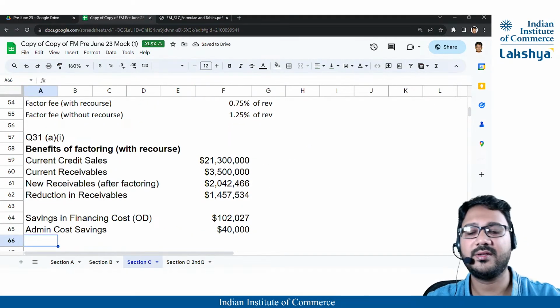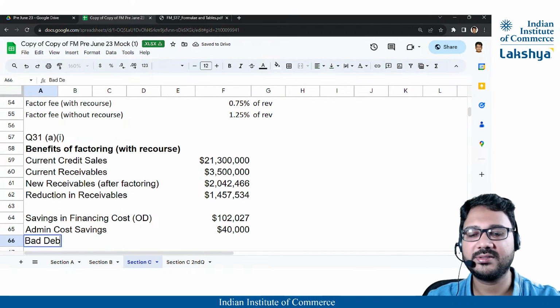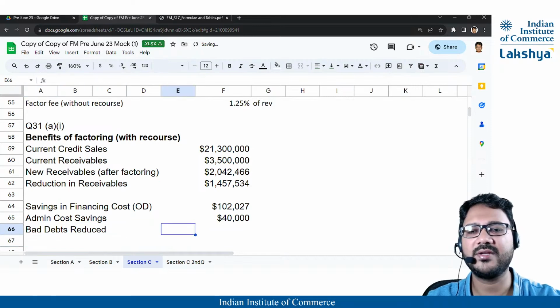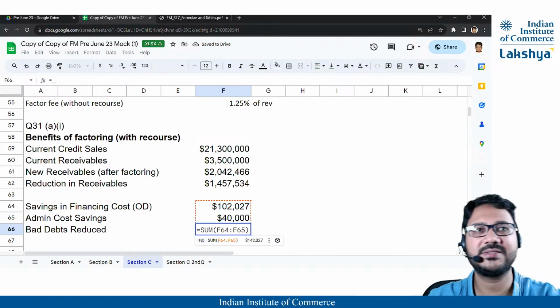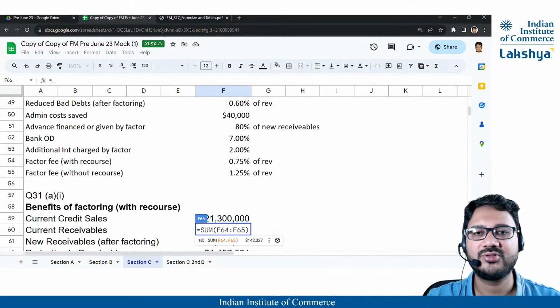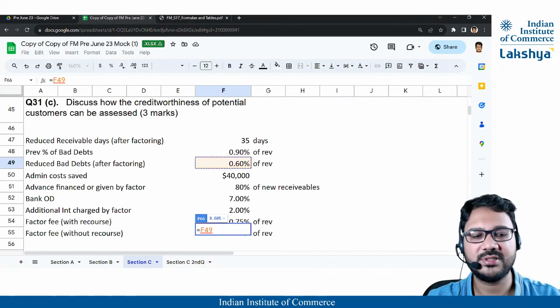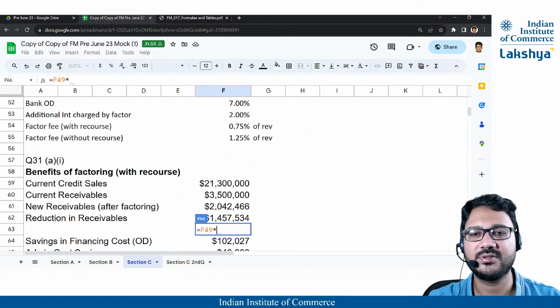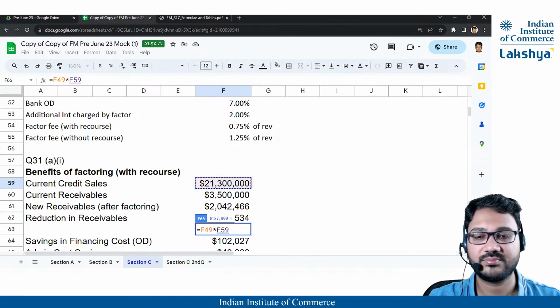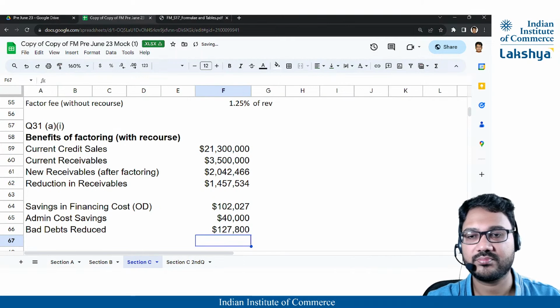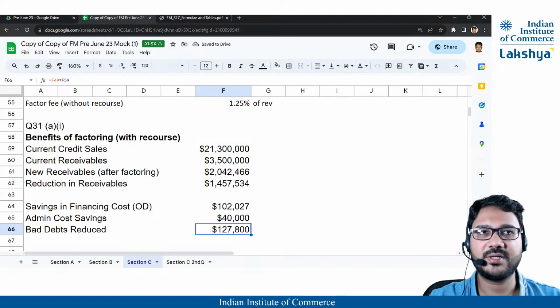Okay. Then bad debts reduced, which were anyways lost, but now lesser bad debts for us. So bad debts are becoming 0.6% of the sales. Okay, bad debts becomes 120,000.